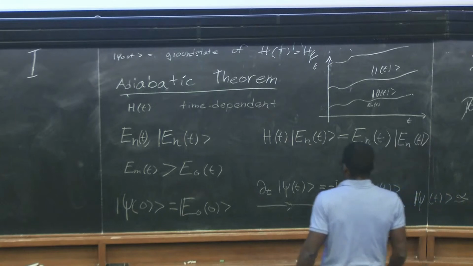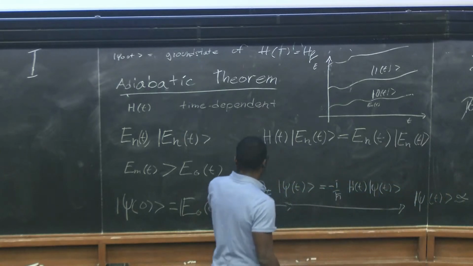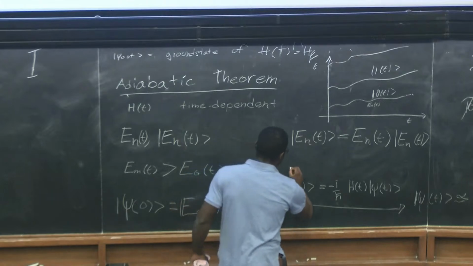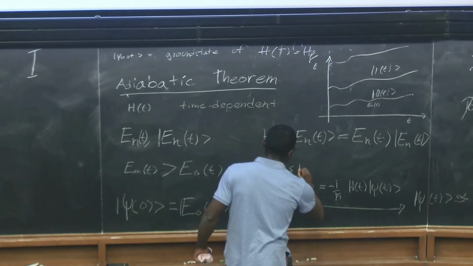Okay, so this is saying that for this condition to hold, we have to have a sufficiently slow evolution. So I'll write it here because it's quite important.